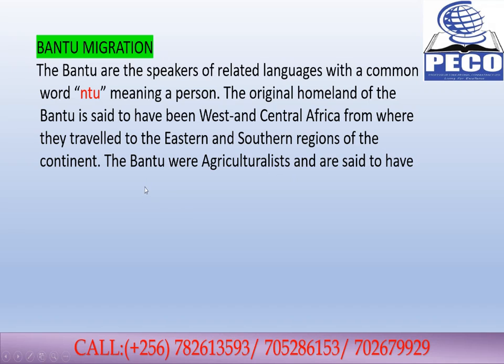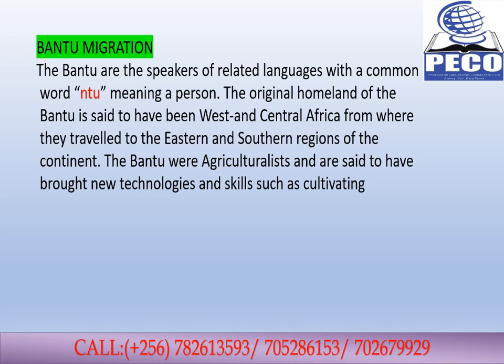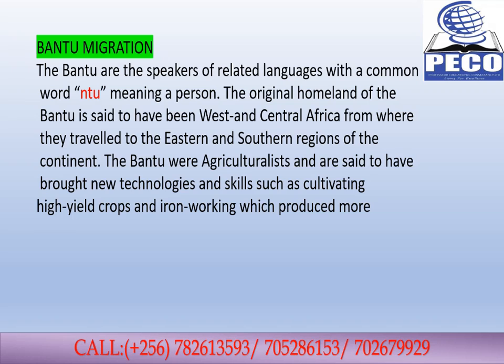Now, the Bantu were agriculturists, and they are said to have brought new technologies and skills such as cultivating high-yield crops and iron working, which produced more efficient tools and weapons. So, the activity the Bantu knew was farming.